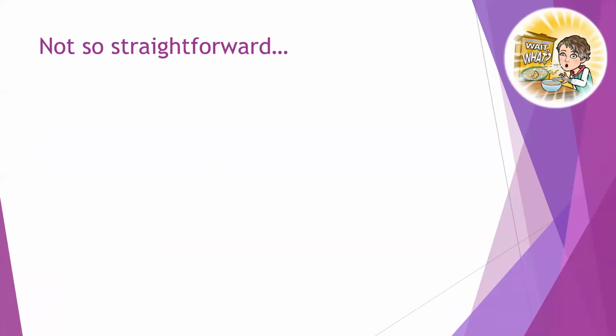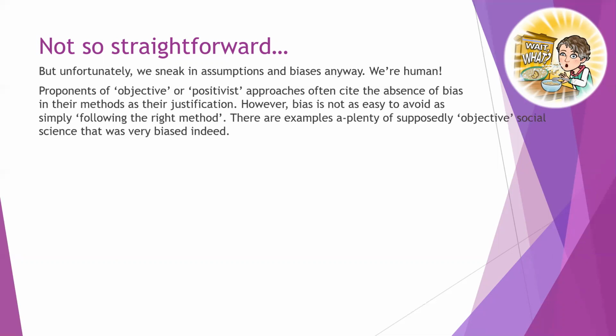And that's not as easy as it sounds, because it's not Hume's guillotine, a nice slice, a neat division between is and ought. They often tend to get very blended together at multiple levels in research design. We sneak in assumptions and biases. We are human. And while proponents of objective or positivist approaches will often cite the absence of bias in their methods as their justification for choosing those methods, especially in the social sciences, it's not as easy to avoid bias by simply following the right method.